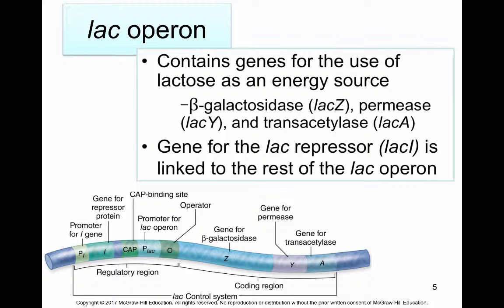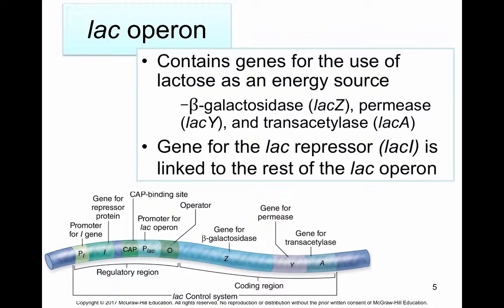So starting with the lac operon, it's the set of genes that allows us to break down lactose as an energy source. Without this operon, we would not be able to use lactose as an energy molecule.